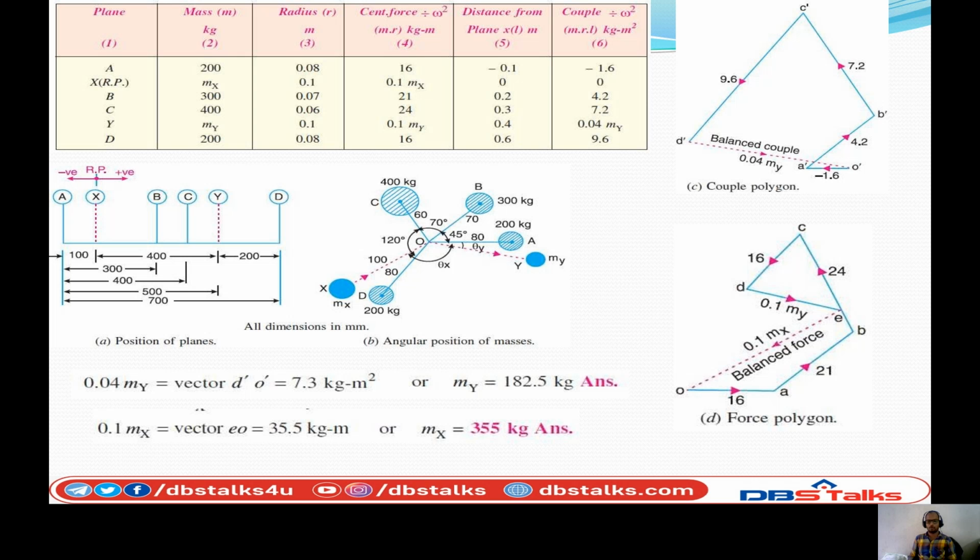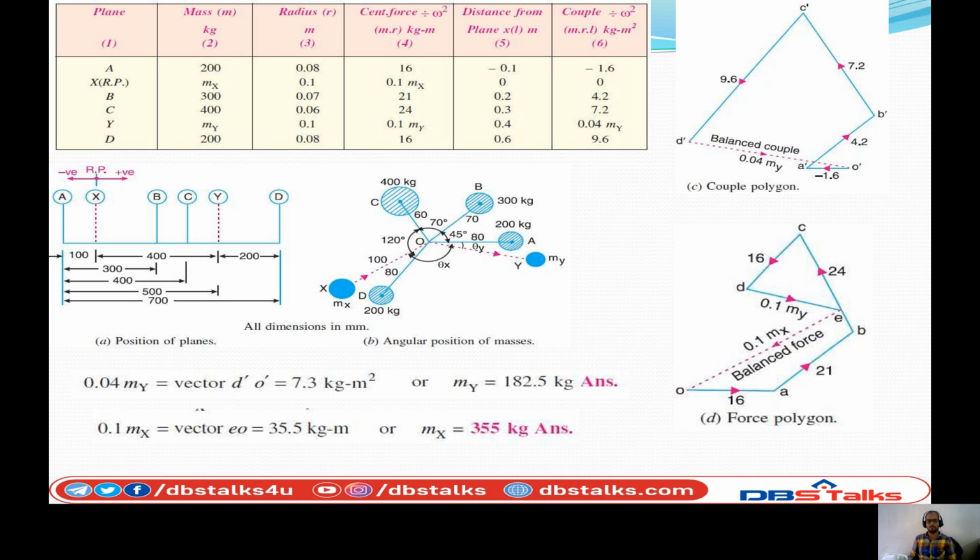So from d draw a parallel line to d dash o dash, that is called E, with the length of 7.3. Then after that, what is the next one? That is 0.1 mx, that is the centrifugal force polygon.